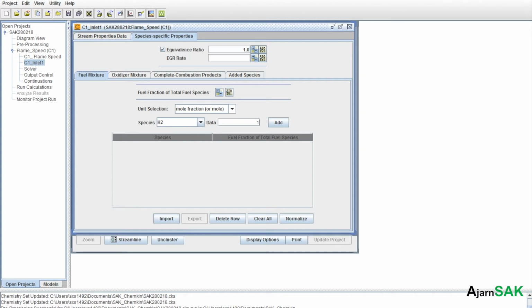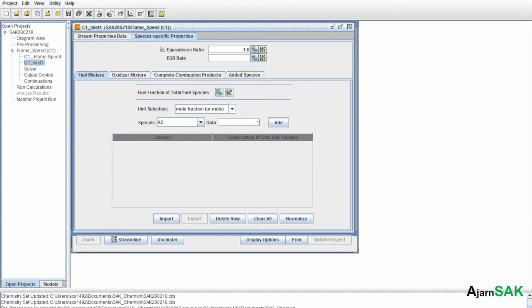So I have to write an equation for the fraction? No, you don't have to write it, but you have to know the mole fraction. For example, in your experiments, you want to give 20% hydrogen and 80% ammonia as your fuel mixture.